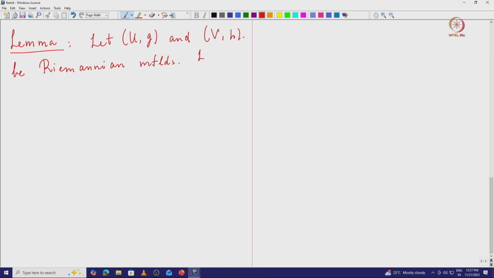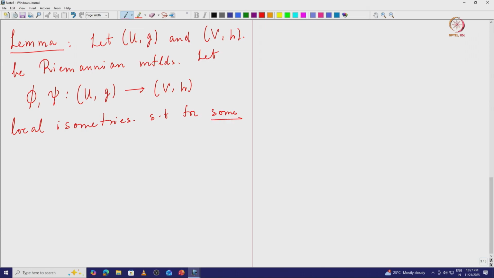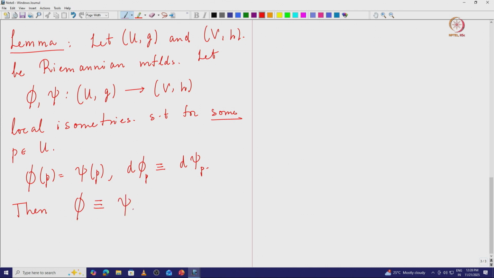Suppose I have two local isometries phi and psi such that for some point P, phi and psi agree at P and their derivatives also agree at P. Then phi and psi have to be the same. That is the claim.